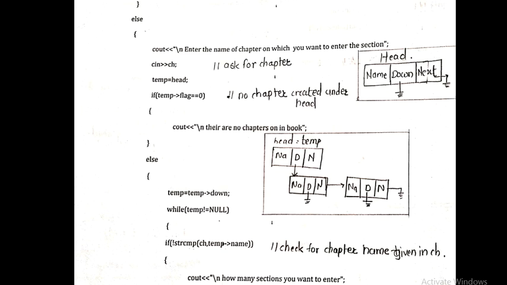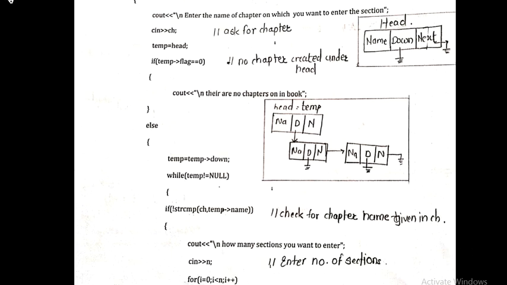So as there are no chapters in the book, as its flag is 0, we cannot assign the sections. Else, meaning the chapters are available under that head node, then we can assign the sections.